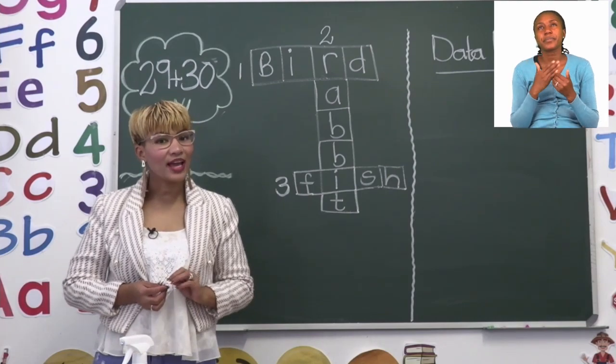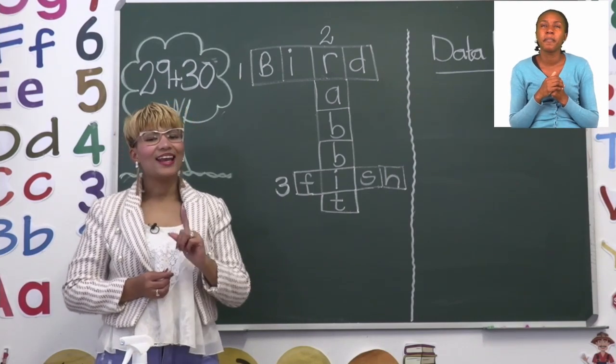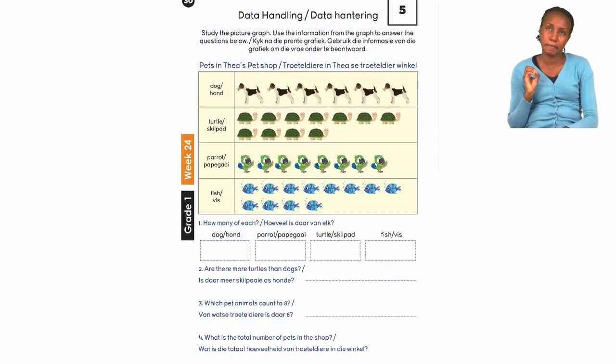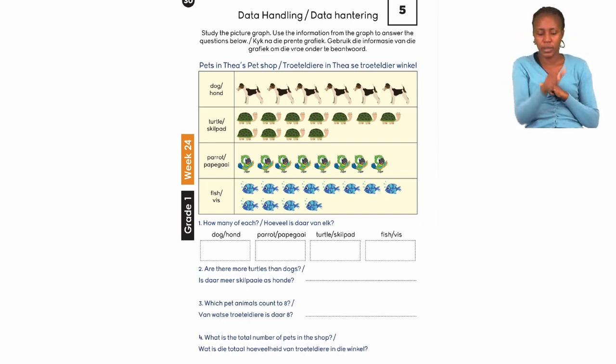Now, before you go ahead to complete your crossword, let's turn our booklets to page 30. Now, here we are going to do data handling. Let's read. There it says, study the picture graph.